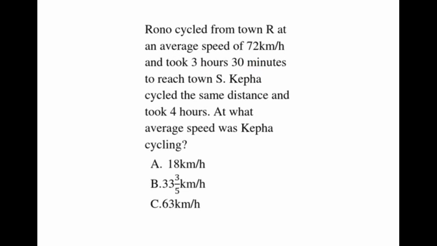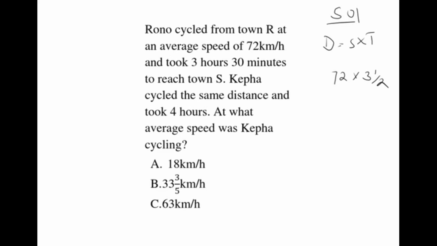Therefore, we can get the distance from R to S. Distance is speed times time. Solution. Our speed is 72 kilometers per hour. Our time is 3 hours and 30 minutes. We can also write it as 3.5 hours.